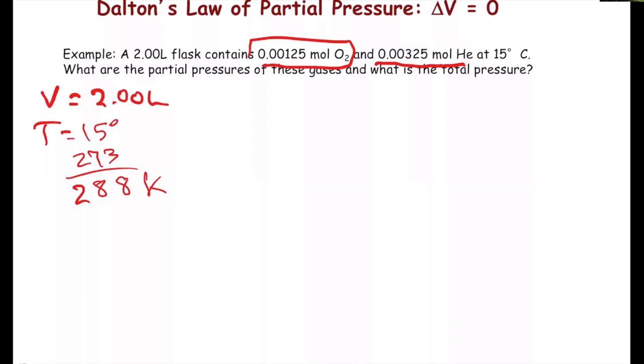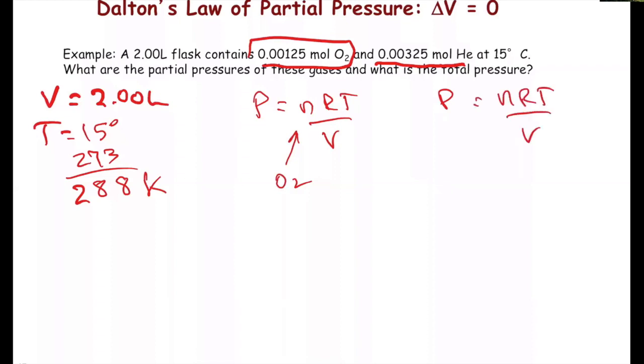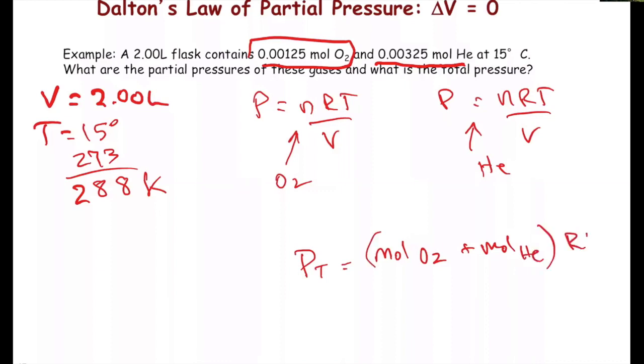You can just do P equals nRT over V for oxygen, and P equals nRT over V for helium. And then the total pressure is just going to be combining these two. Or you can calculate the total pressure by saying that it is equal to moles of oxygen plus moles of helium, times RT over V.